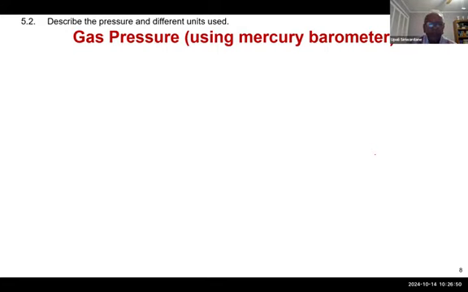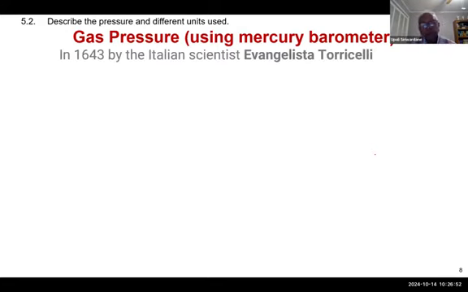So there's a barometer made by Evangelista Torricelli, an Italian scientist. What he measured was gaseous pressure.